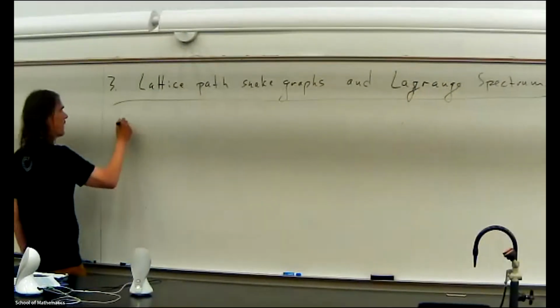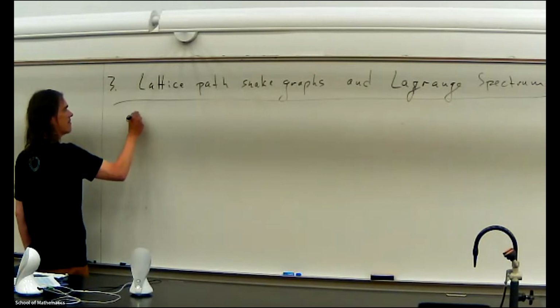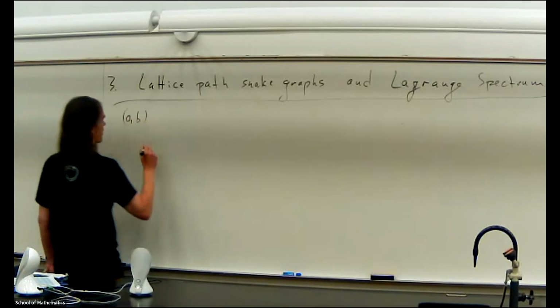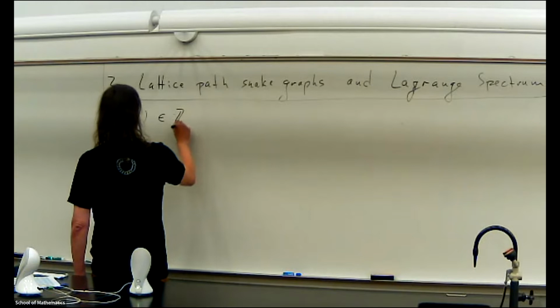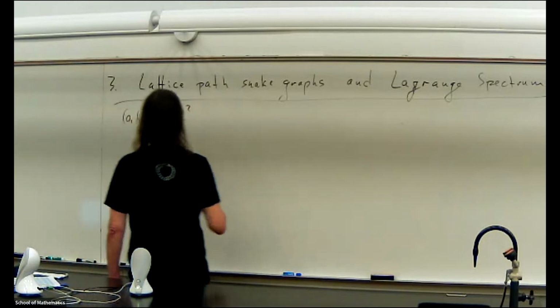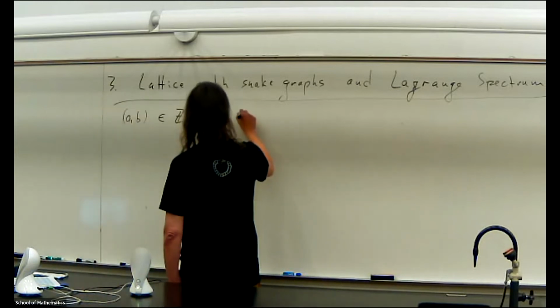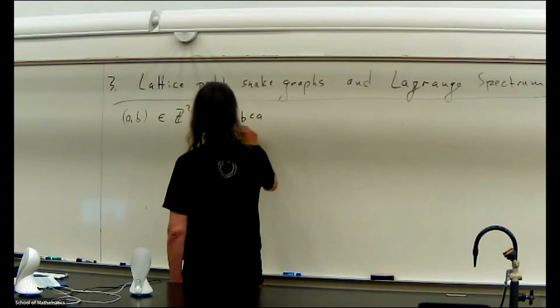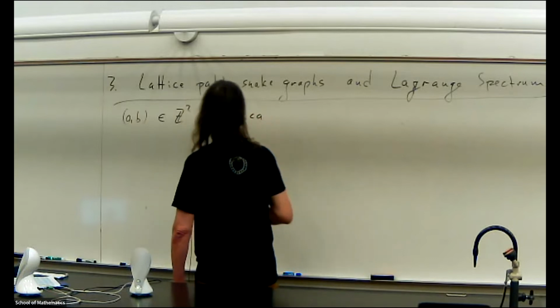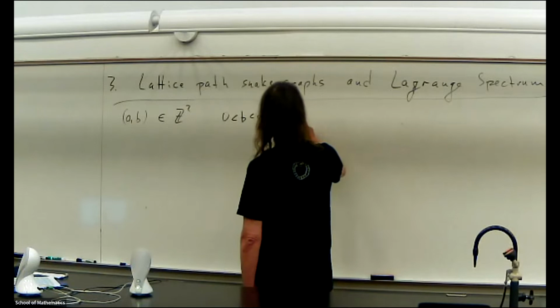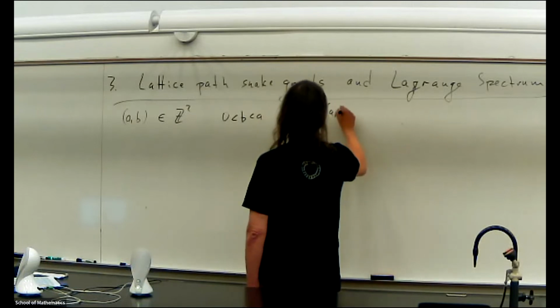Okay, so I denote by (a,b) a lattice point. I want b to be smaller than a. I want a and b both positive. I want the GCD of the two to be 1.